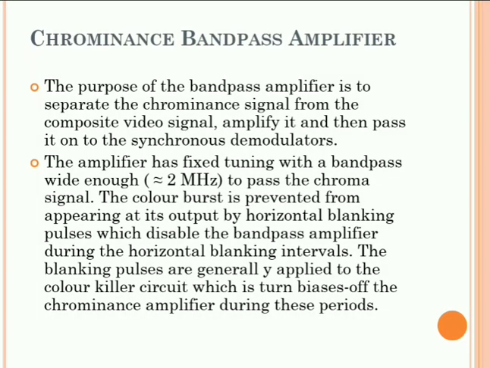Okay, what does the bandpass amplifier do? It separates the chrominance signal from the composite video signal, which has video, blanking pulses and synchronization pulses. It separates both signals. The chrominance signal is separated from the composite video signal, amplified, and then passed to the synchronous demodulators.